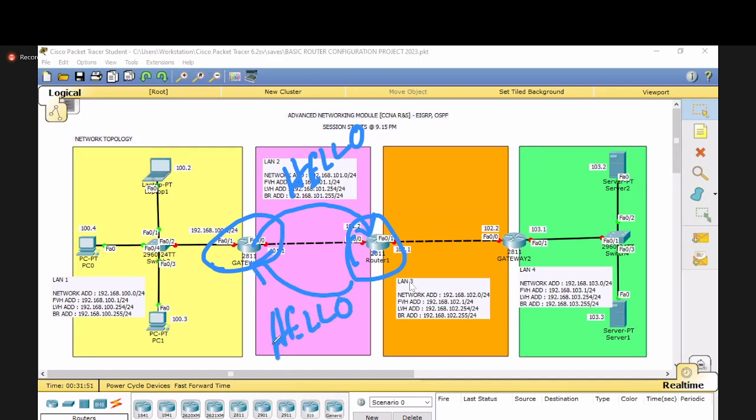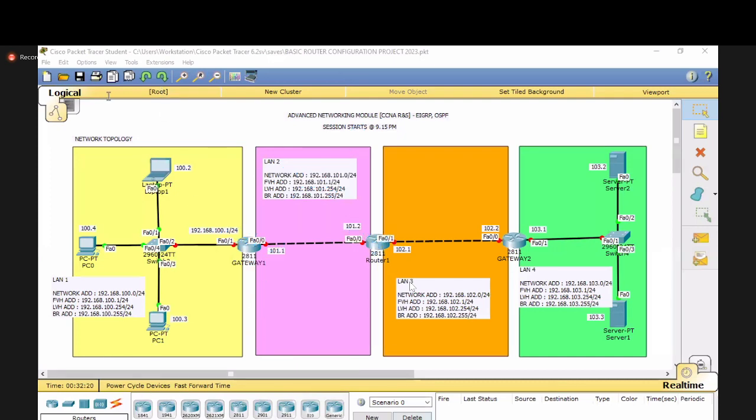When it sends this hello packet, that is when they come to know which autonomous system this router is in. So all this information is sent in the hello packet. This is the first packet that helps EIGRP form a neighbor relationship. The hello packet is always used to form a neighbor relationship.